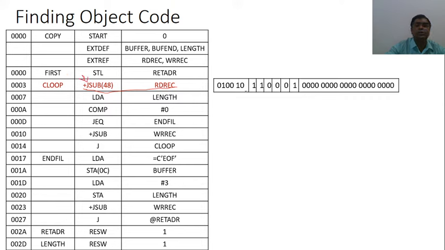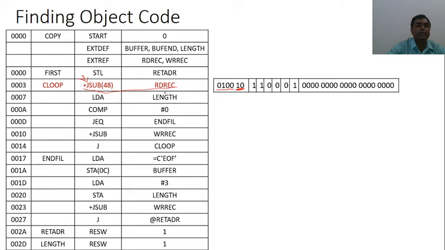So this instruction will be represented as opcode by 6 bits, then NIXBPE, then address by 20 bits. Now, what is the opcode of JSUB? 48. So it is written here as 4 and 10, the last two zeros are truncated. And the addressing is direct.